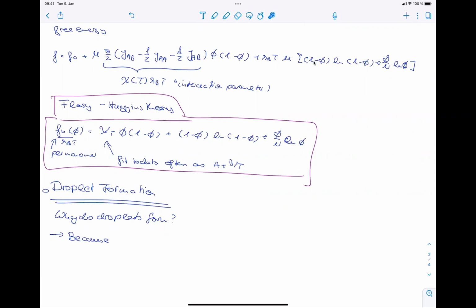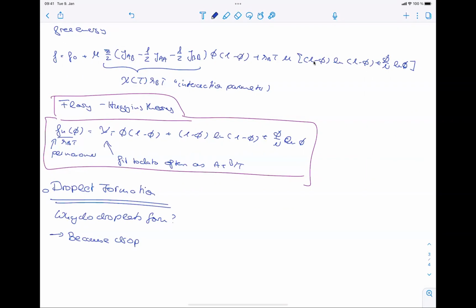oh, sorry, just see a typo. This needs to be a BB. If the interaction between solvent and solute is, they are repelling each other compared to this interaction.